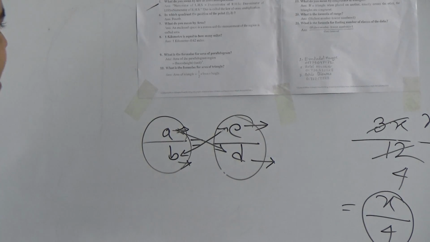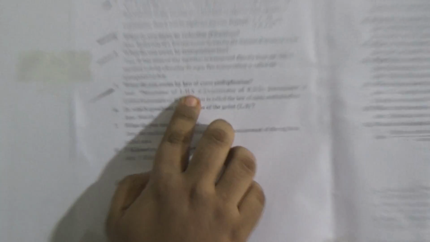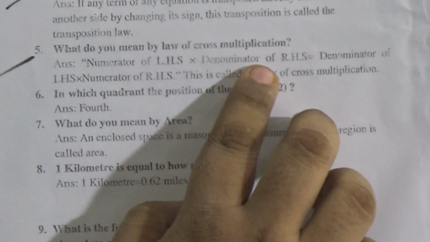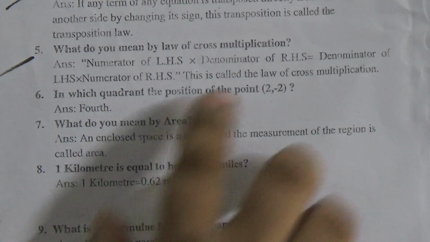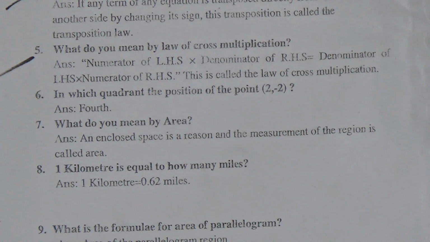Just like this, numerator of LHS multiply denominator of RHS equal denominator of LHS multiply numerator of RHS. This is called the cross multiplication. I hope you have understood.